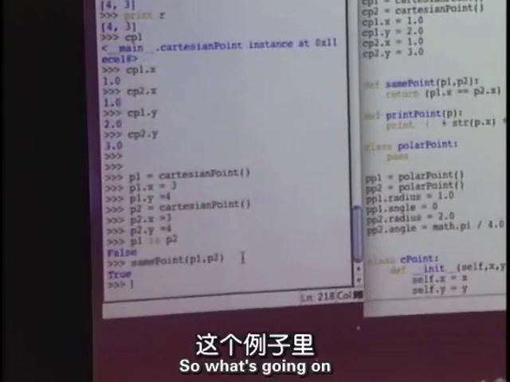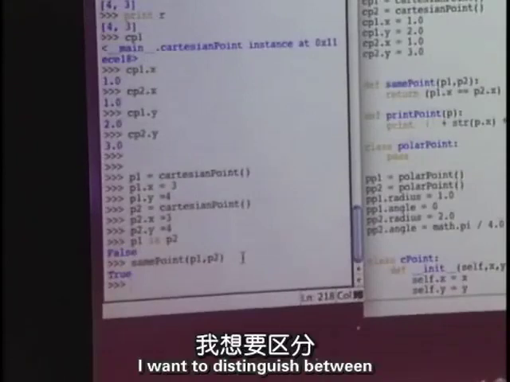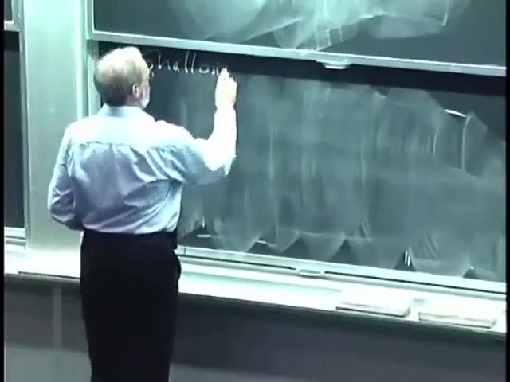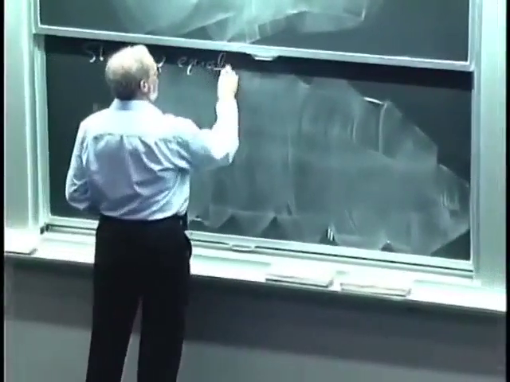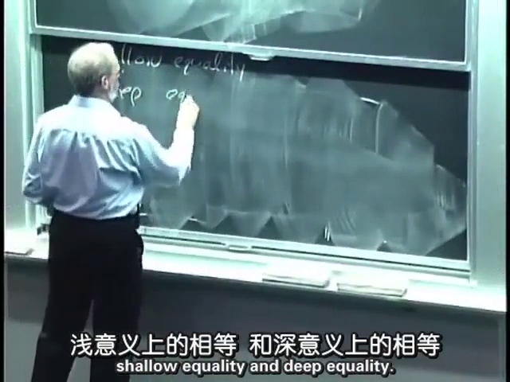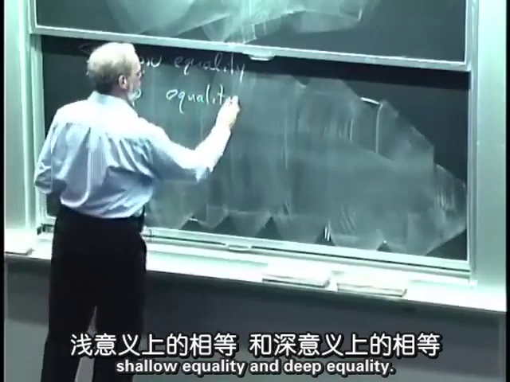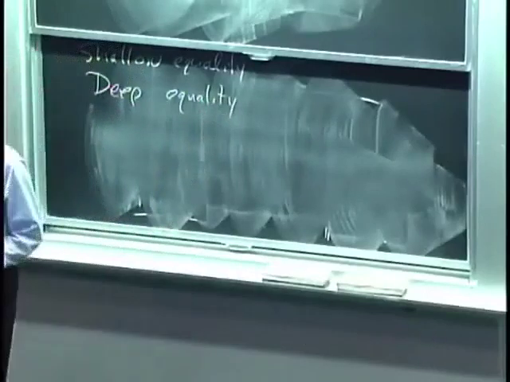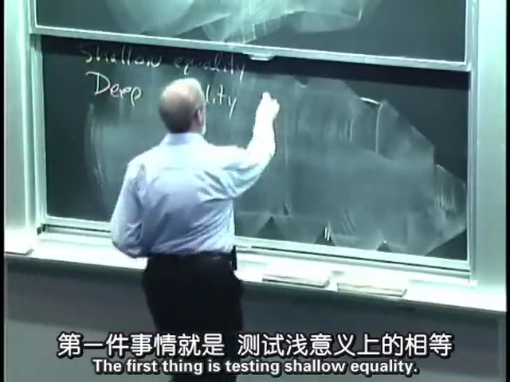What's going on in this case is I want to distinguish between shallow equality and deep equality. The first thing is testing shallow equality.